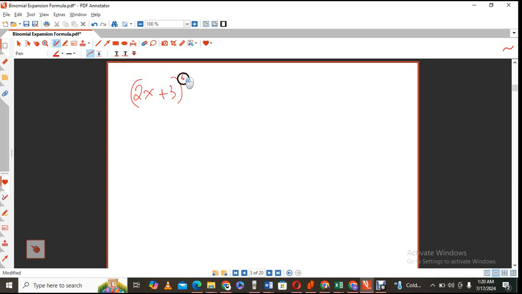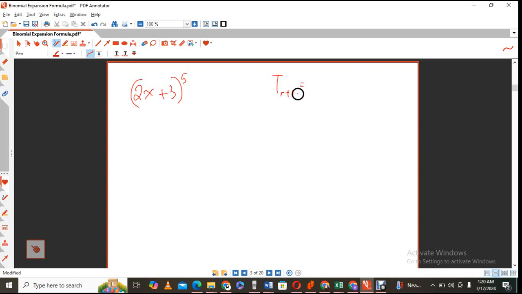And they ask us to expand the following using the binomial theorem. Of course, it's quite some work to do that, but let's say we write down what will be the first term, the second term, and so on, without using Pascal's triangle.